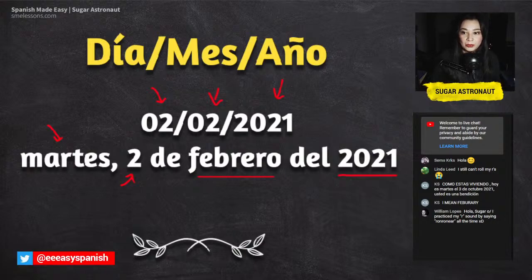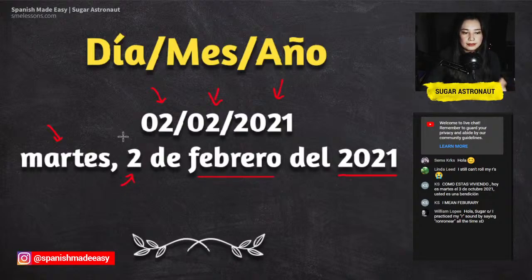In Spanish, we don't say twenty-twenty-one, for example, because in English, you can say that. The year is twenty-twenty-one. But in Spanish, we say the whole number as two thousand twenty-one. Okay, so that's very tricky and it's something important to remember.